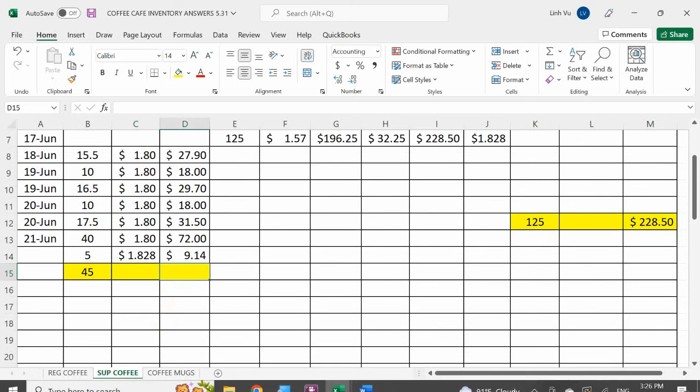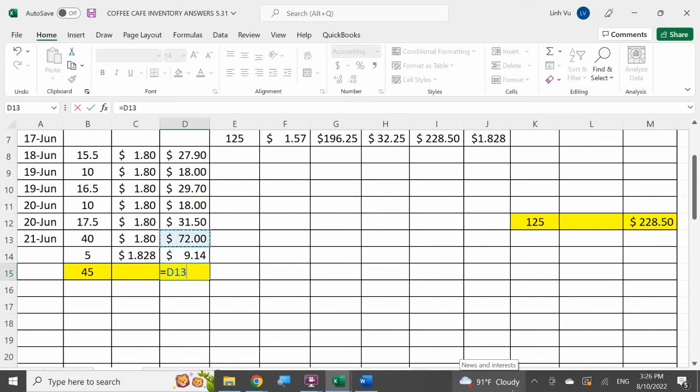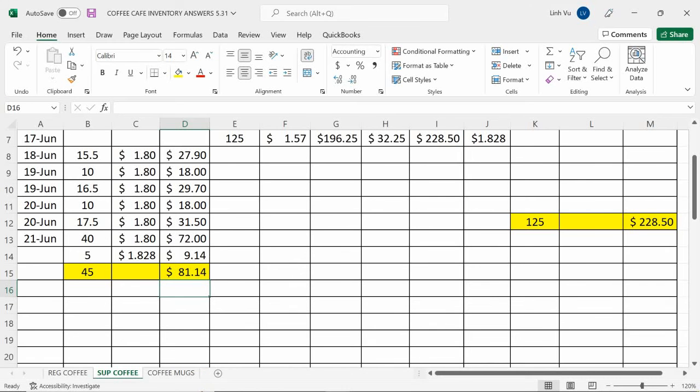So let's gather up a grand total to figure out how much 45 pounds is going to cost me. In this case, $81.14.